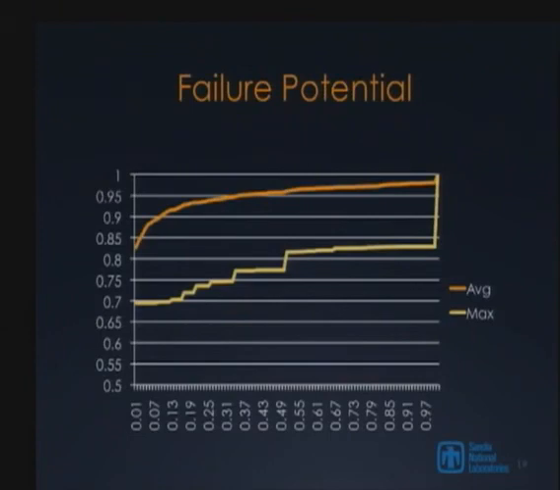If we look at what the failure potential looked like, this is the breakdown again. What was the probability that you would get some kind of bogus result if your resolver was going to all these different servers and querying them? If you look at the average, the one on top here, these colors look fairly similar.